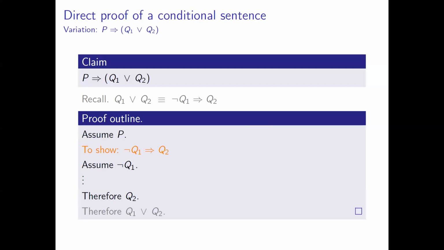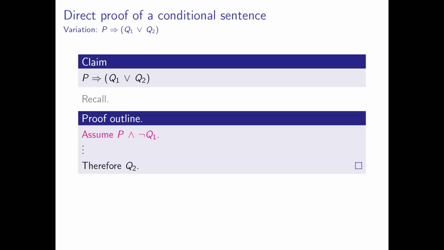Observe that in this proof, we assume two conditions simultaneously, namely the conditions P and not Q1. We can combine these two assumptions into one, namely the conjunction P and not Q1. Thus, our proof could be written as follows.